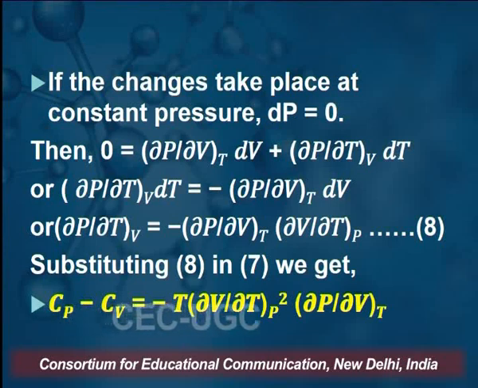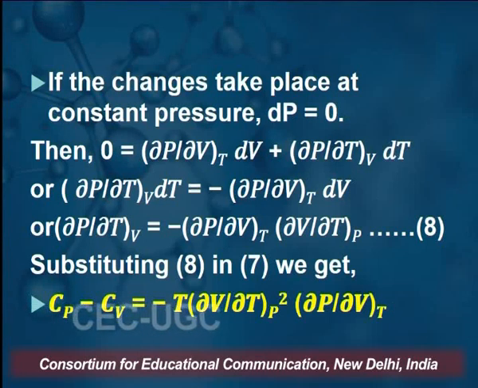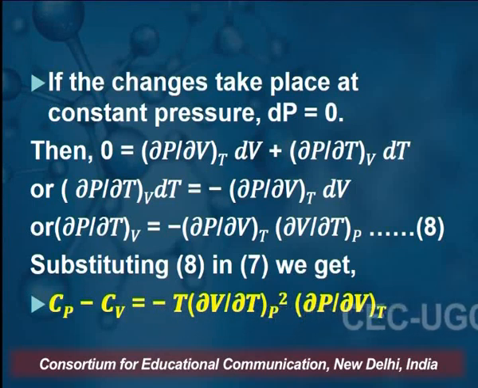Rearranging these terms, we get ∂P/∂T at constant volume is equal to minus ∂P/∂V at constant temperature into ∂V/∂T at constant pressure. Why have we taken constant pressure? Because we are considering the changes taking place at constant pressure.